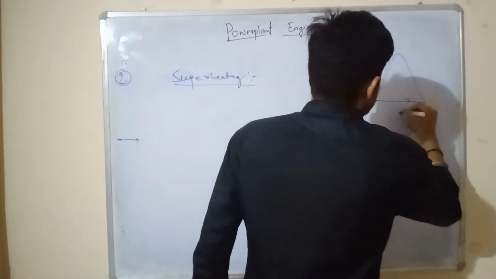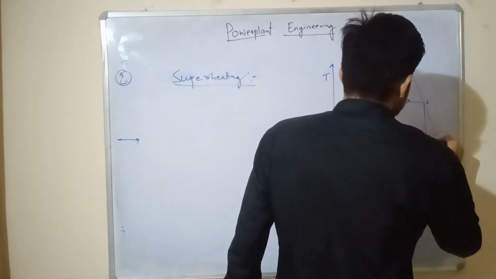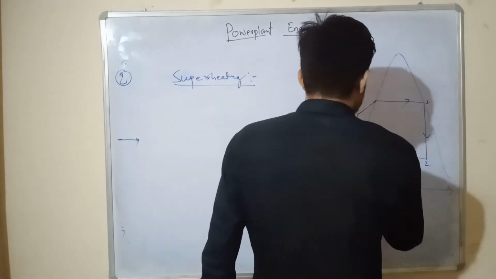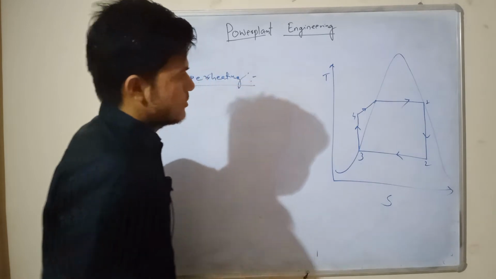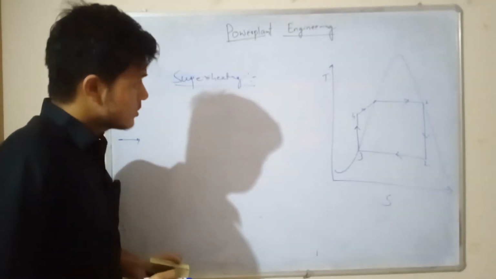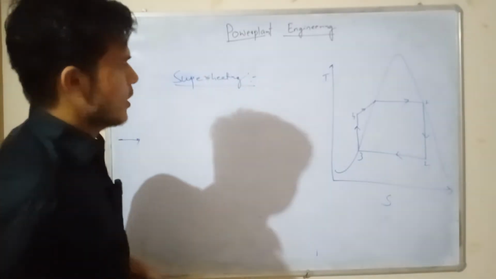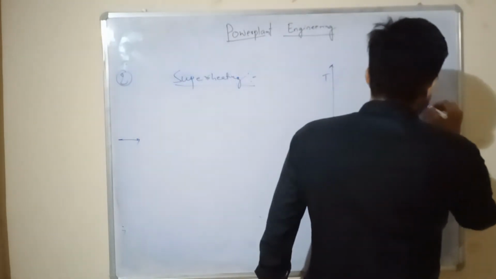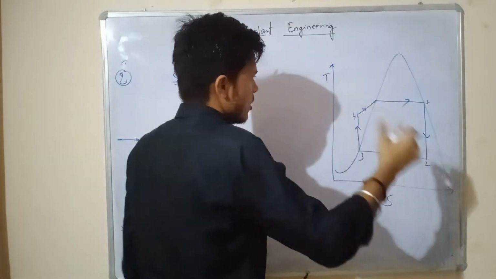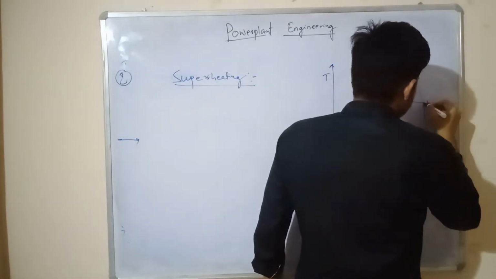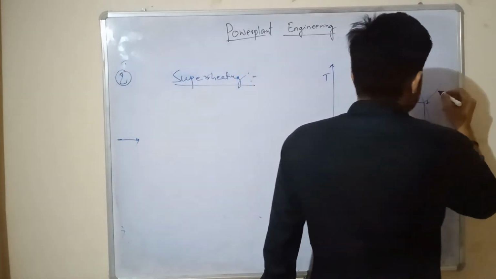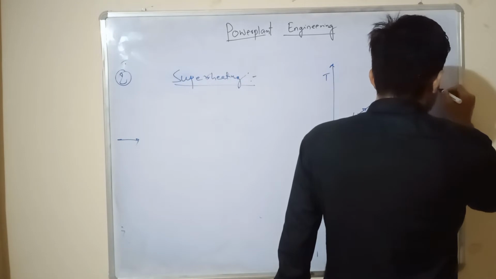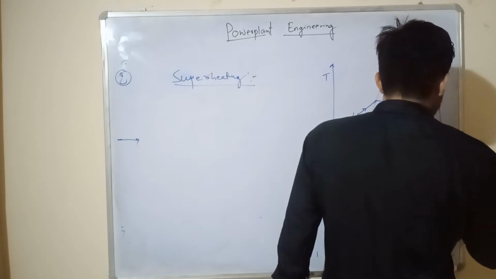This is our simple Rankine cycle, 1, 2, 3, and this is 4. Now the topic is superheating. We are superheating at a constant pressure, this line indicates the constant pressure. We are heating the saturated vapor at a constant pressure. Now what will happen?